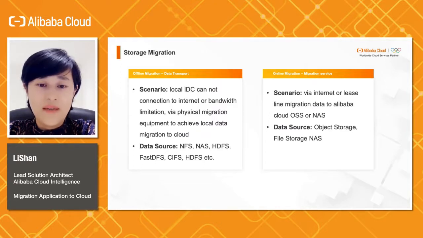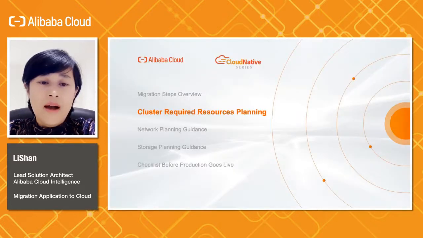The data source supports NFS, NAS, HDFS, FastDFS, CIFS, etc. For online migration, we provide a migration service. It can migrate data via network or leased line to Alibaba Cloud OSS or NAS. The data source supports object storage or file storage like NAS.